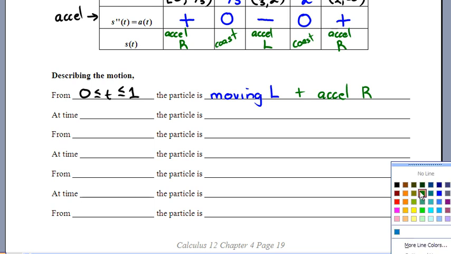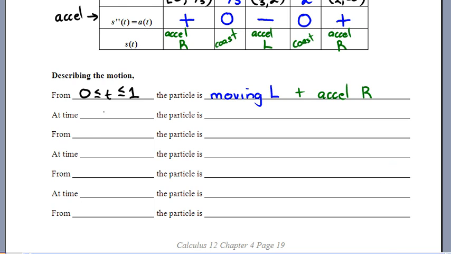All right, at time t equals 1, just at that instant, we've managed to finally stop moving left. We are ever so briefly stopped. But if this thing was like a rocket, the rocket engines are still going, and we are still accelerating to the right.